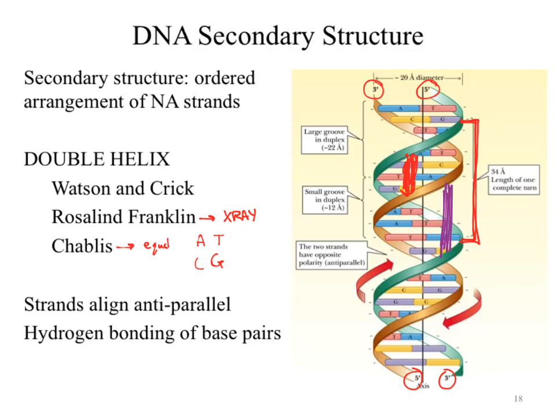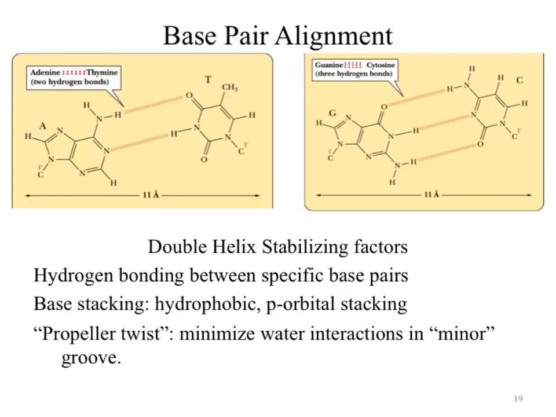I think there was something else that's important. When we're looking at our base pair alignment, this was Chargaff's setup, that we saw equal amounts of adenine as thymine and equal amounts of cytosine as guanine. Okay, which would suggest that they have to be interacting with each other, and that's why we're getting that equal ratio.